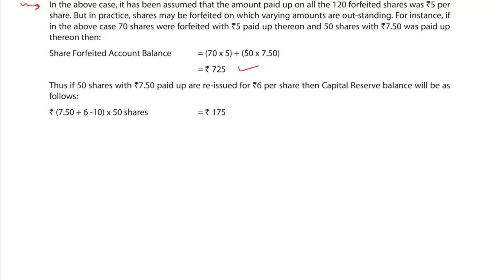Thus, if 50 shares with 7.5 paid up are reissued for 6 per share, then capital reserve balance will be as follows: 7.5 plus 6 minus 10 face value multiplied by 50 shares, 175. I believe you understood.